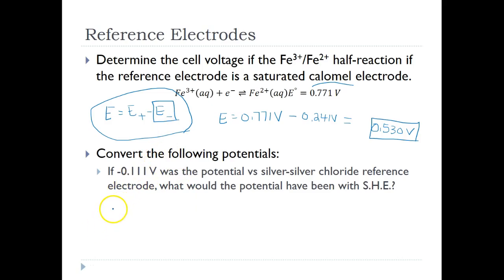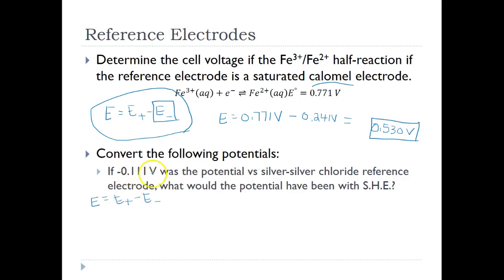So this is where they use the number line thing, and this is what I do. I still just fall back to this. E is E plus minus E minus. E minus is going to be the reference electrode. So in this example, negative 0.111 volts was the potential they got when they used the silver-silver chloride reference electrode. They don't tell us in this question what E plus is, what its value is, what the element is, nothing.